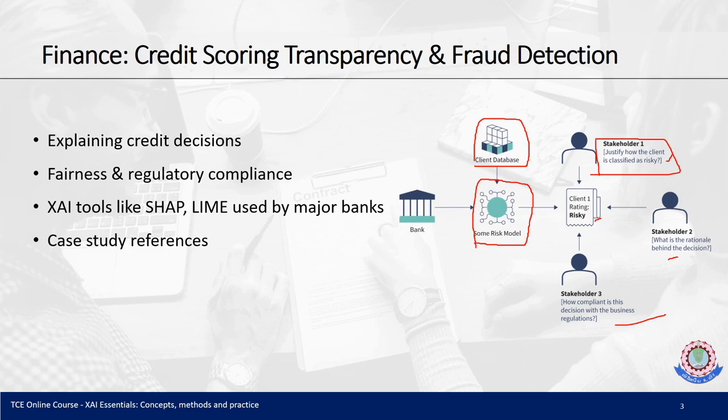Explainable models also reveal hidden biases in credit scoring that might unfairly disadvantage certain groups, allowing banks to adjust their criteria and improve fairness. In fraud detection, explainable AI helps analysts understand why a transaction was flagged by AI, reducing false positives and improving investigation efficiency.